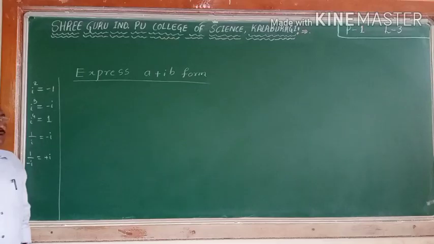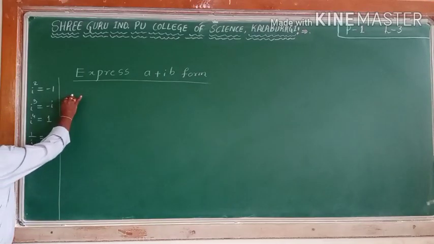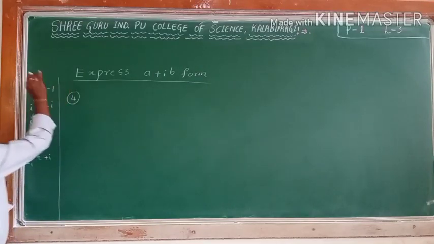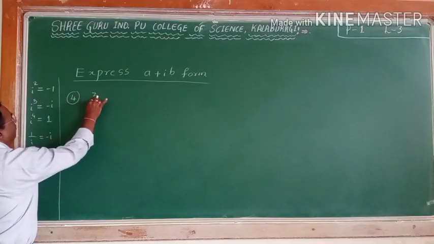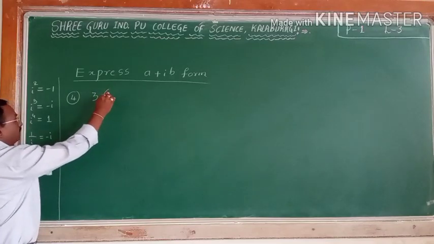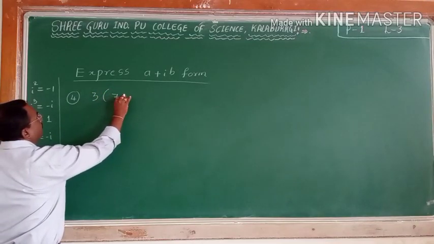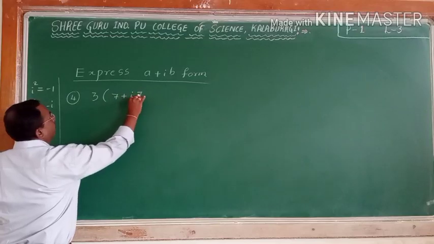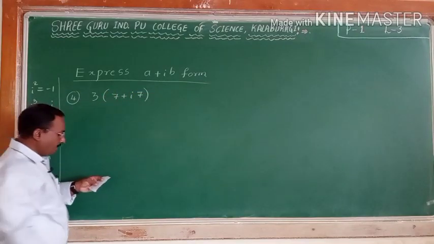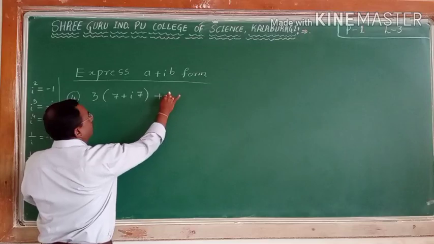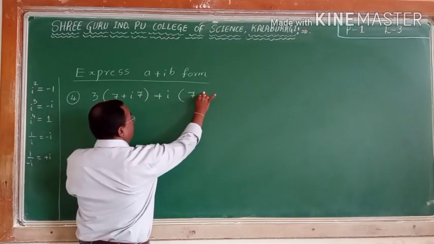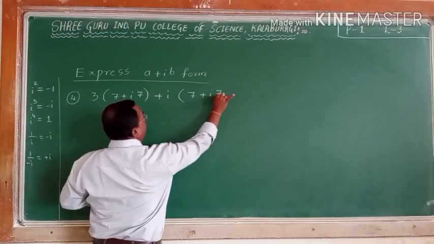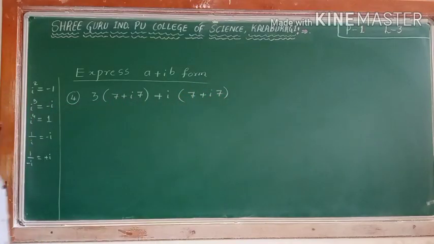Next, example number 4. Express 3 times 7 plus i times 7 in a plus ib form.